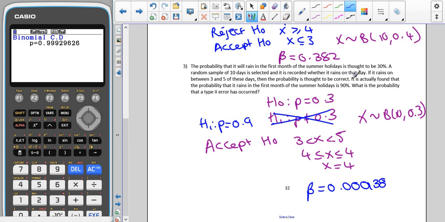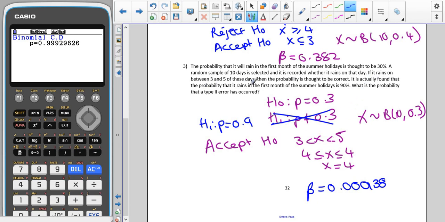So that's our accept H0 region. Well, you can see here that if, again, it doesn't say inclusively, so between 3 and 5 would be that 4 is less than or equal to X, which is less than or equal to 4, which then just leaves us with X being equal to 4. So that's our accept H0 region.